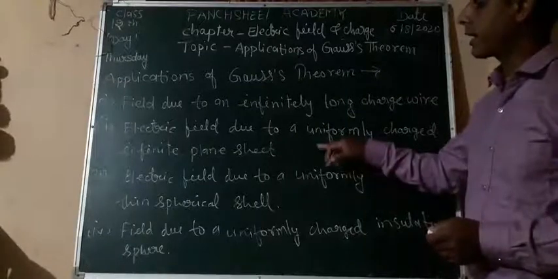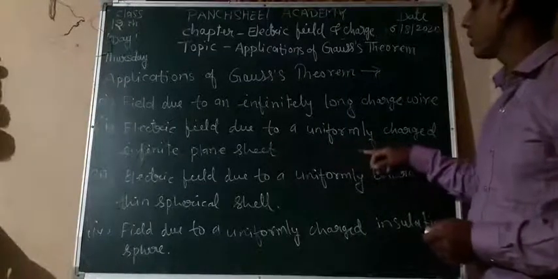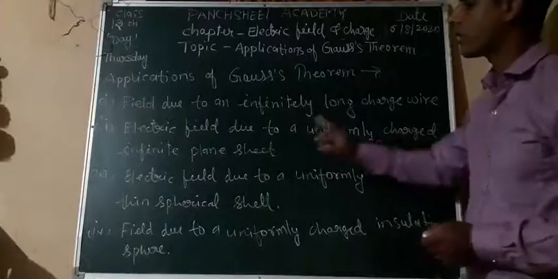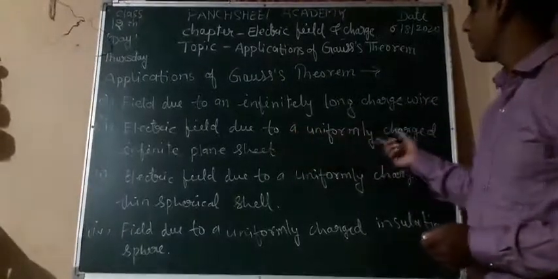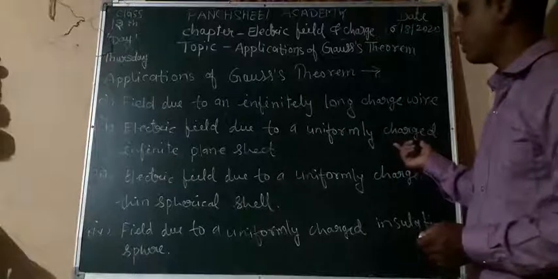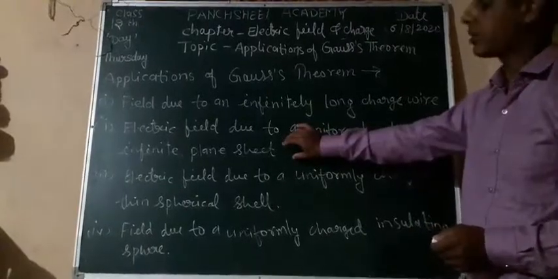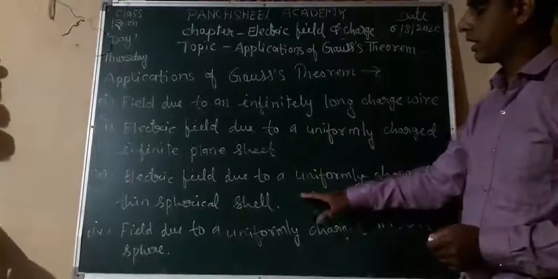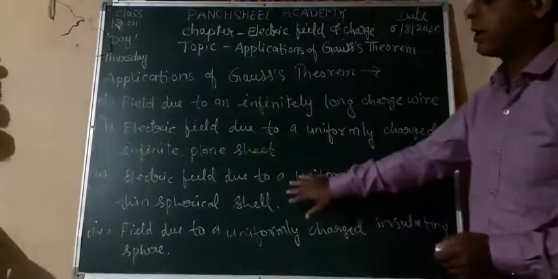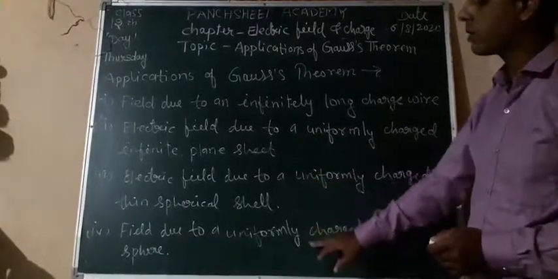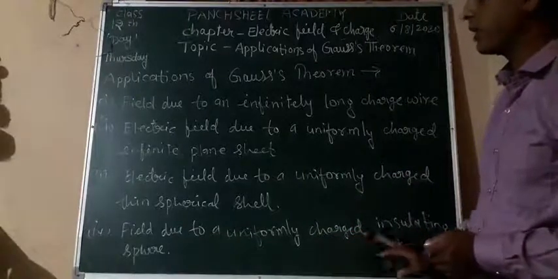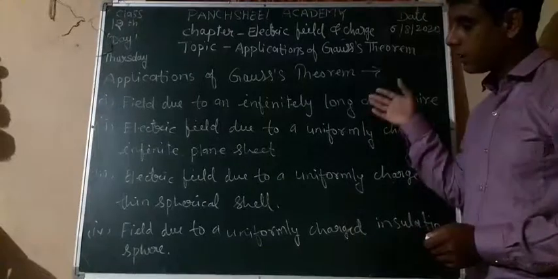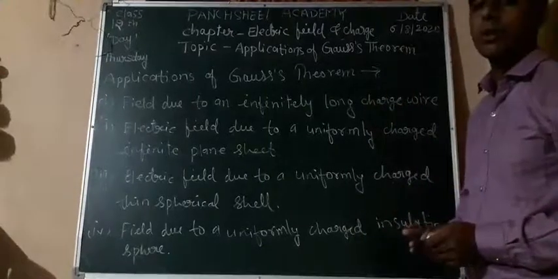Second, electric field due to a uniformly charged infinite plane sheet. Third, electric field due to a uniformly charged thin spherical shell. And fourth, electric field due to an infinite uniformly charged insulating sphere. These are the four applications of Gauss theorem.